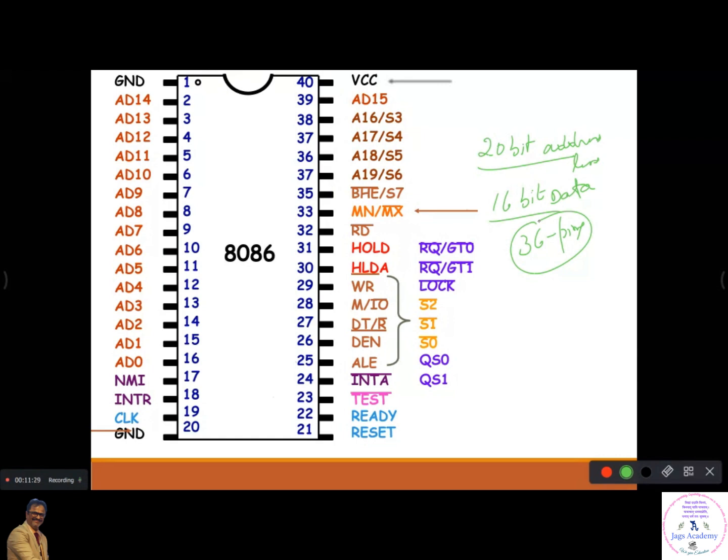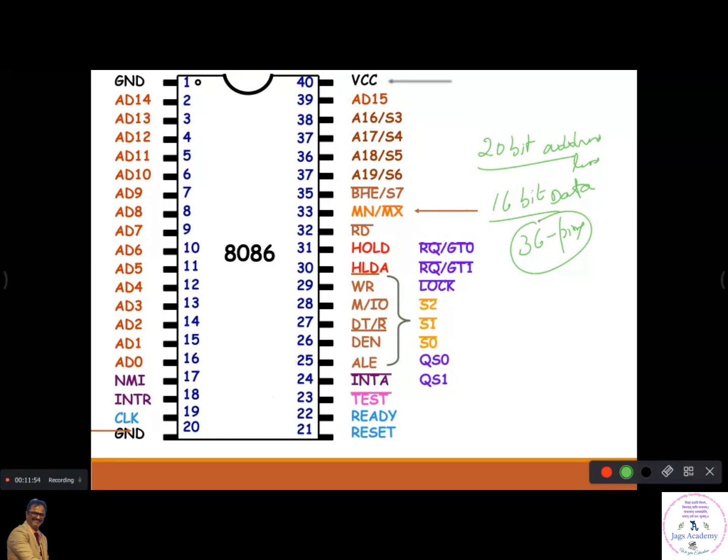It's not possible. Here comes the concept of multiplexing. Have you heard about multiplexing? In digital design you must have studied multiplexing. Multiplexing means you can use one line for multiple purposes, in a shared fashion, from time to time for different purposes.